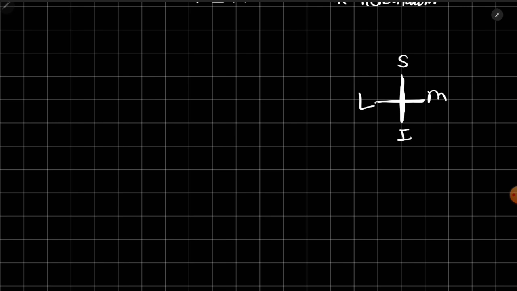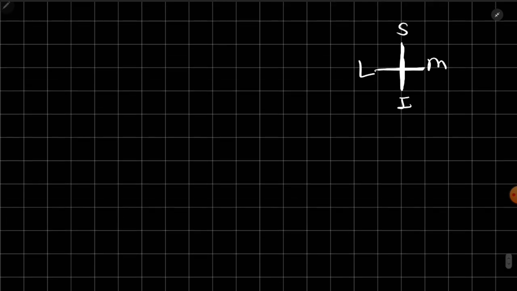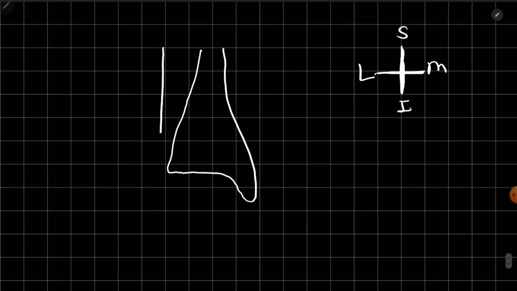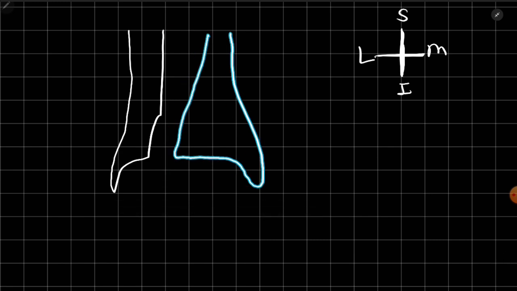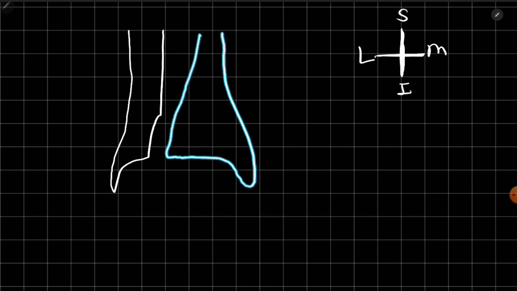Let me draw the two bones first. We are drawing the lower end of the tibia and the fibula, with some distance between them. Okay, so this is the lower end of the tibia and fibula.